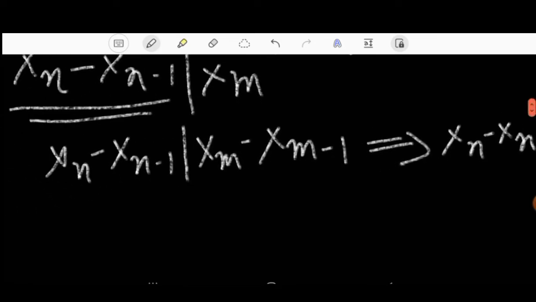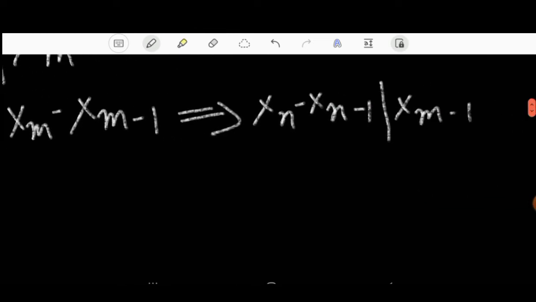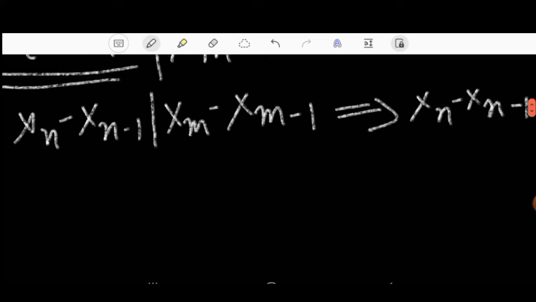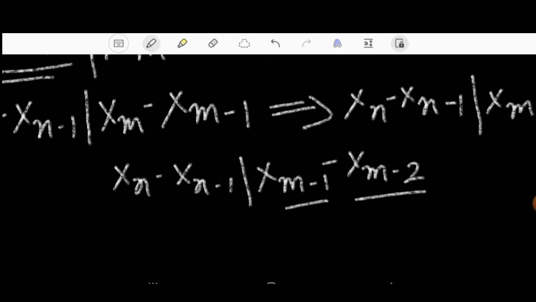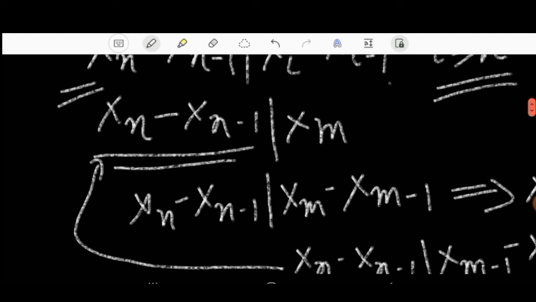And we can continue this by saying that xn minus x(n-1) divides x(m-1) minus x(m-2), because these are two consecutive distinct terms again, so it will follow this result.